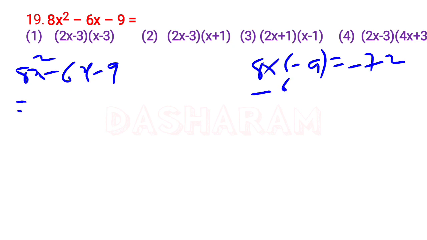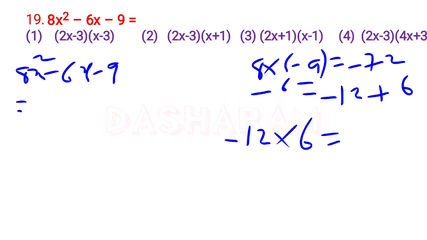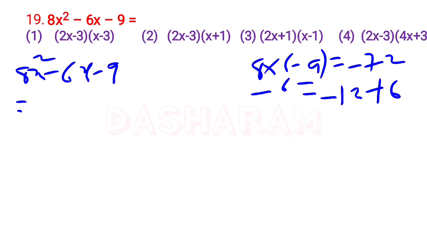Here minus 6 I am writing as minus 12 plus 6. So minus 12 plus 6 is minus 6 and minus 12 into 6 is minus 72. So finally we got the product answer. So 8x square minus 6x, in the place of minus 6x I am writing minus 12x plus 6x minus 9.